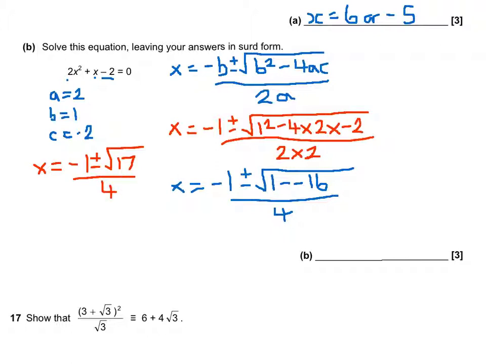Notice it says solve this equation leaving your answers in surd form. It says answers, so I need two specific bits here. So I'm going to have to split this up into when it's plus or minus and write out the two specific answers. So the first solution is going to be when x is minus 1 plus the square root of 17 over 4.